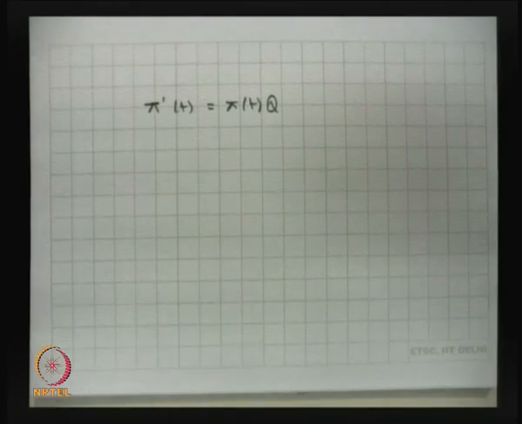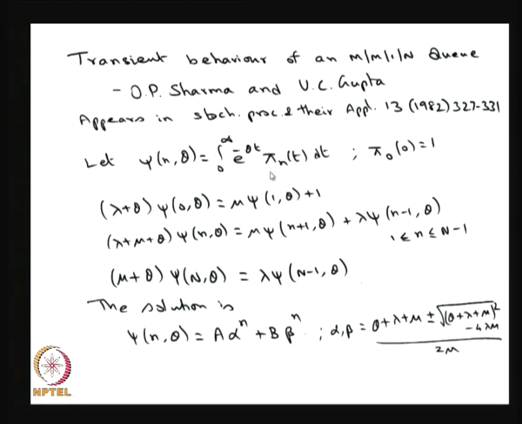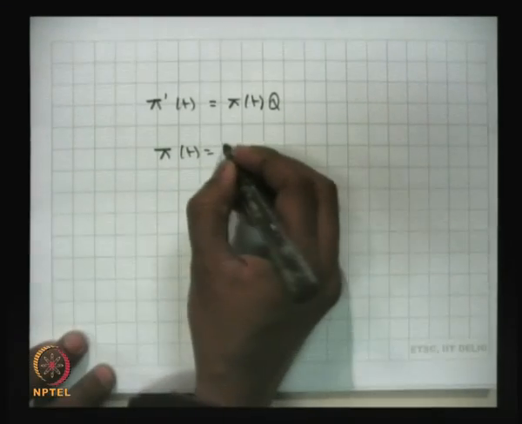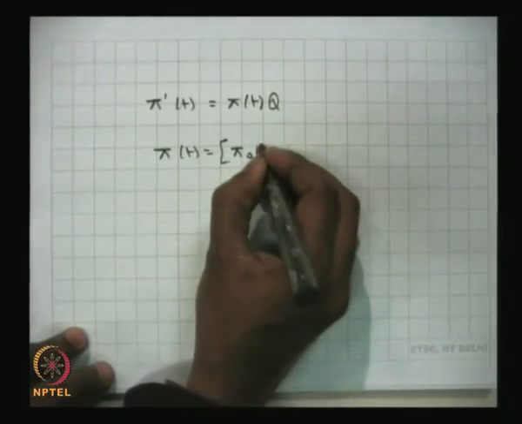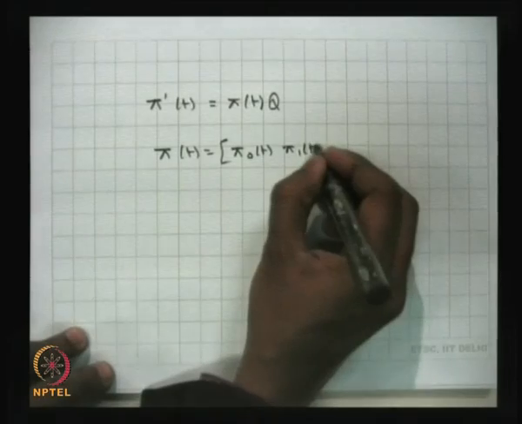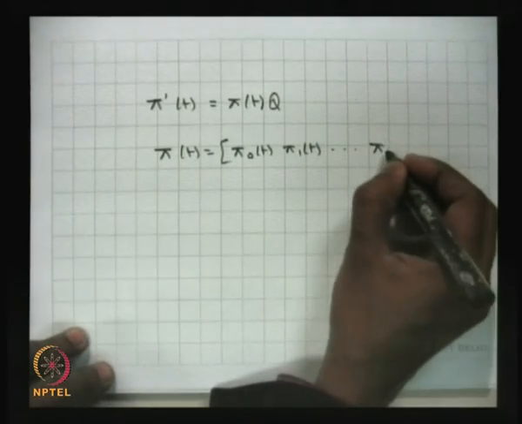So take a Laplace transform for each probability, where pi of t is a vector that starts with pi 0 of t, pi 1 of t, and so on, up to pi n of t.